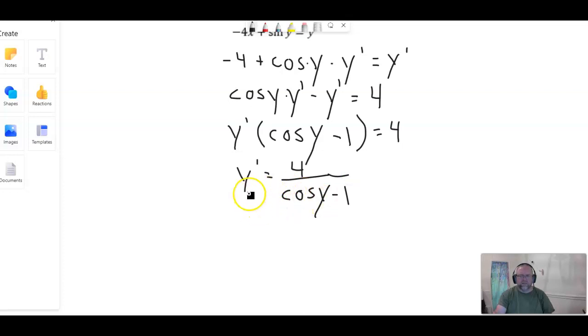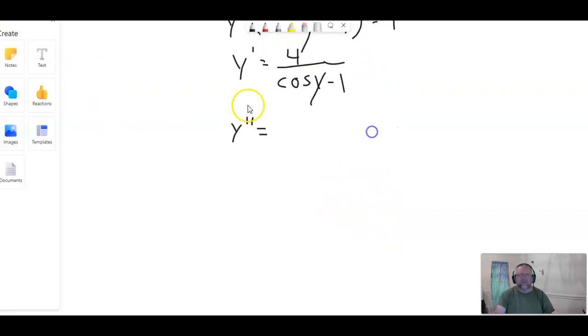Okay, and then we need to find the second derivative with respect to x. So what we're going to do is, again, take the derivative. Since I have already solved for this, that on the left is just going to give me the y double prime, which means the second derivative of y with respect to x. And on the right side, let's go ahead and use the quotient rule for this.